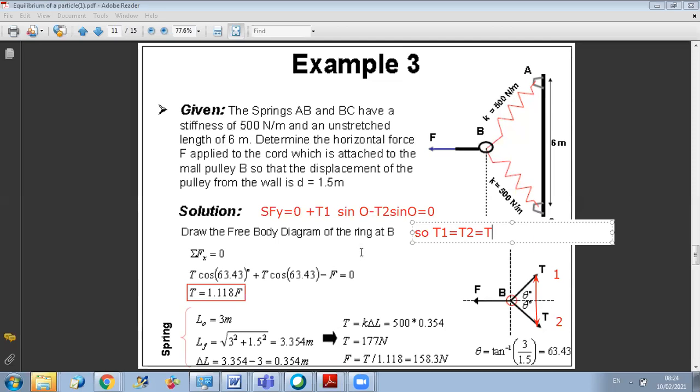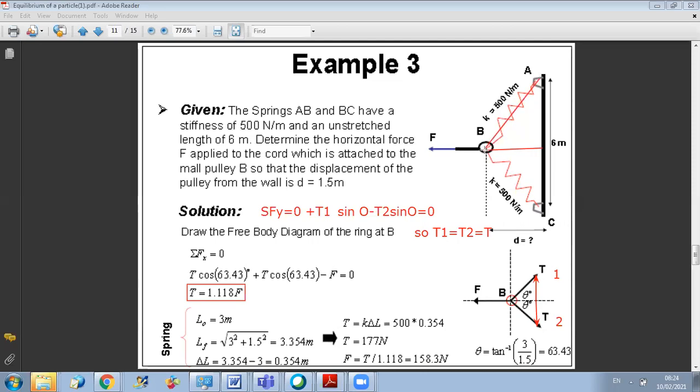Now, in order to find the value of T, I need to project on x, and I need to know the value of the angle theta. How to find theta? I should go back to my figure. Theta is the angle here between these two lines.